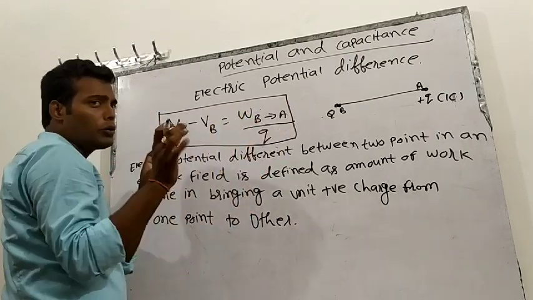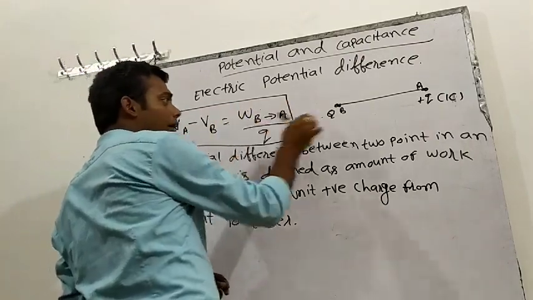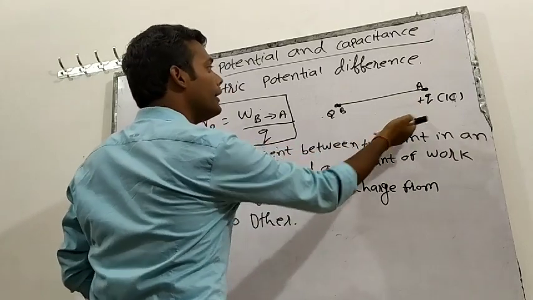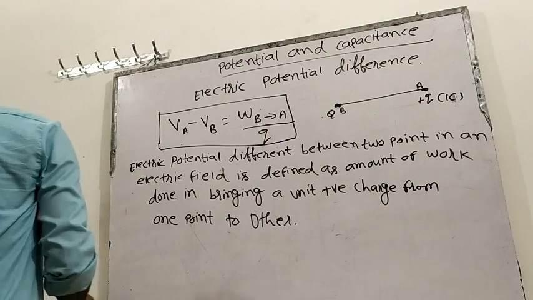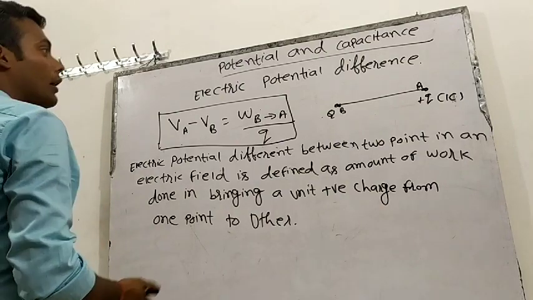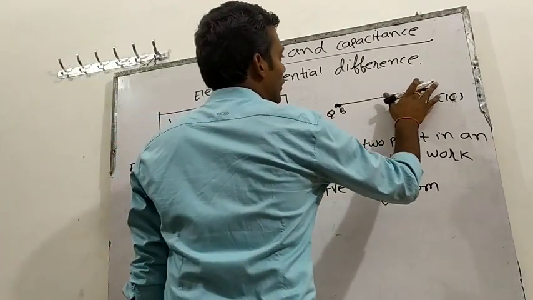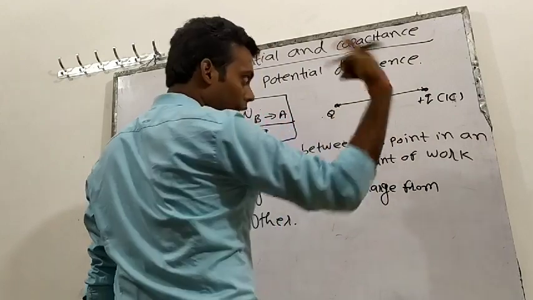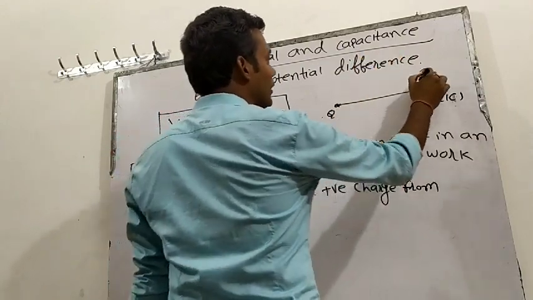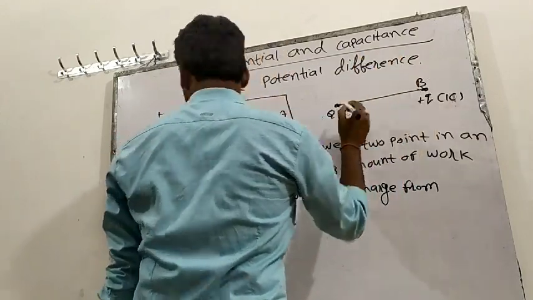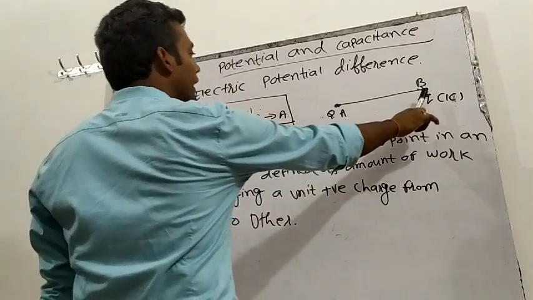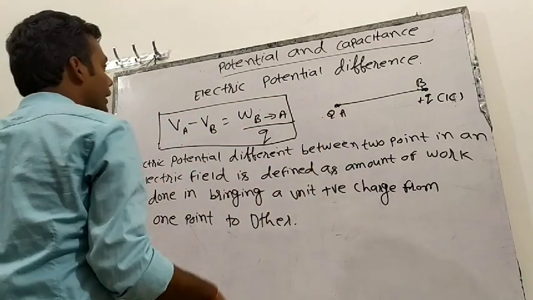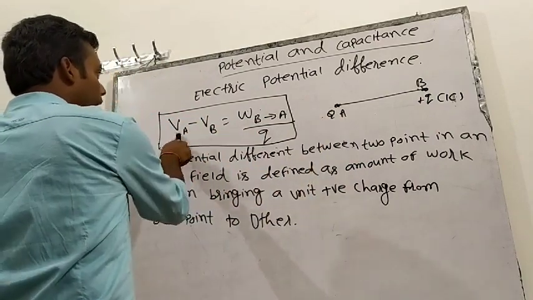Here, look, it is running a little reversed. Here the work done is in bringing it from B to A. In our previous lecture I named this point B and this point A. So the work done in bringing it from B to A is equal to VA minus VB.